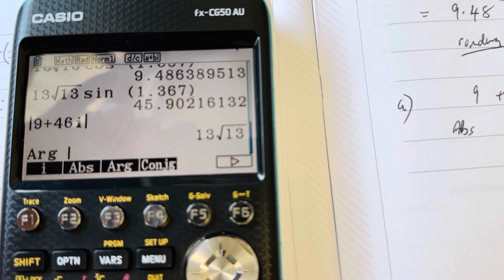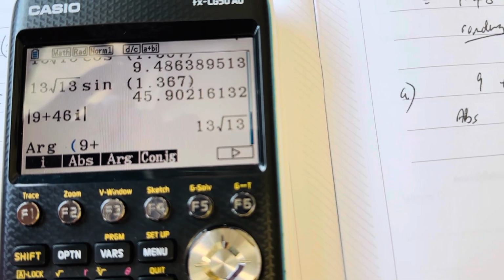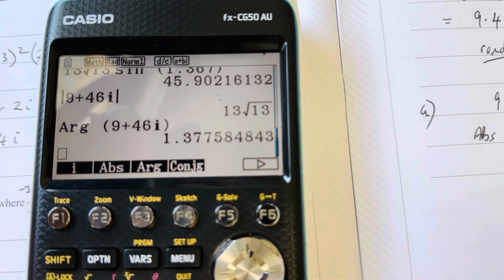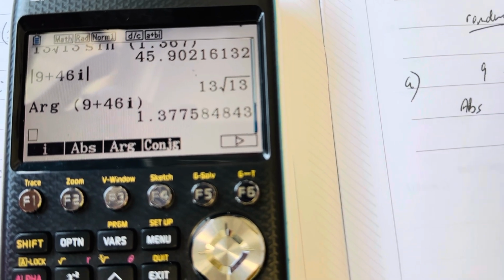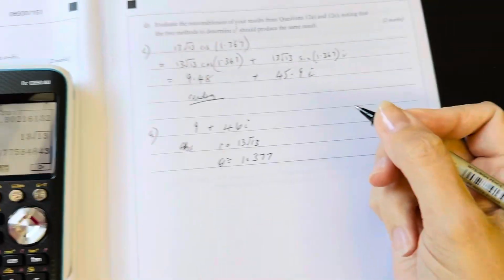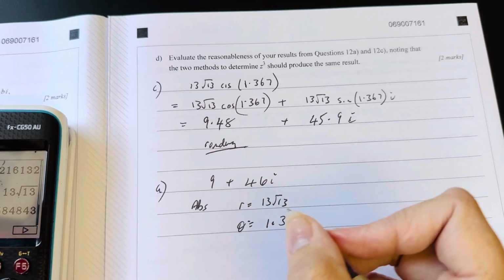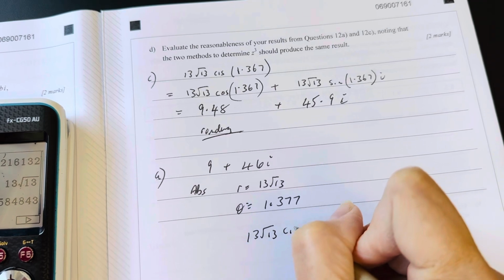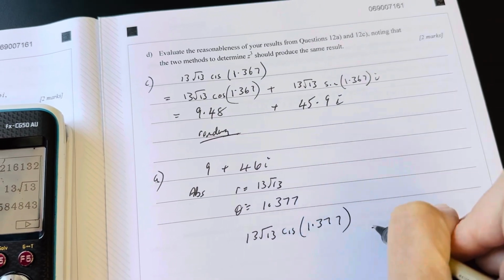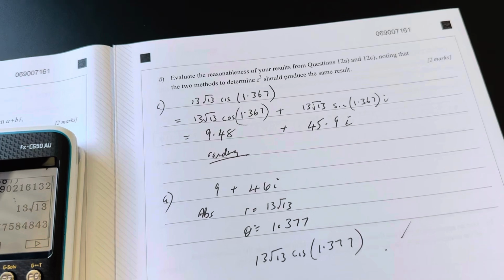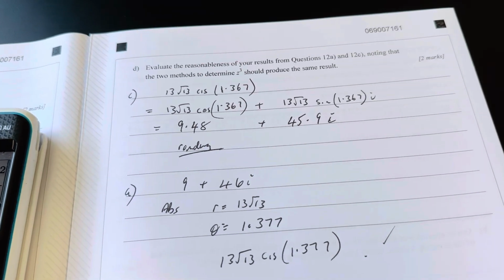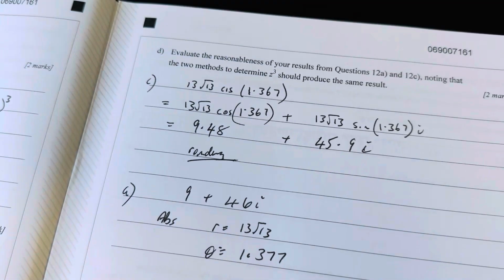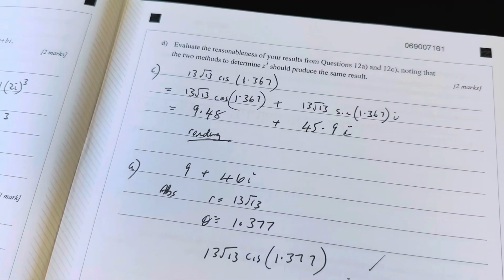My arg of 9 plus 46i, 1.377. Pretty darn close, isn't it? So 13 root 13 cis 1.377. So yep, pretty close. So we evaluate that it is reasonable. Because remember, it's not that it's exact, it's that it is reasonable. Okay? Done.